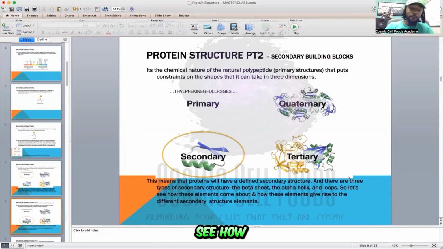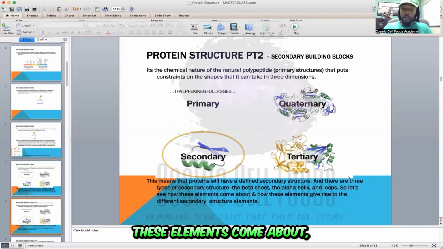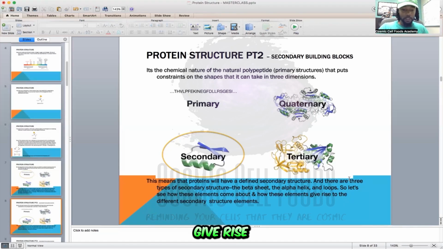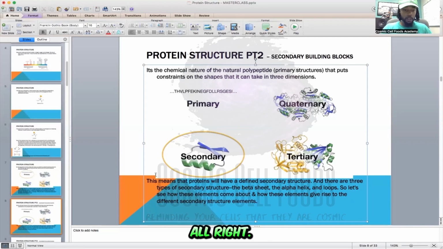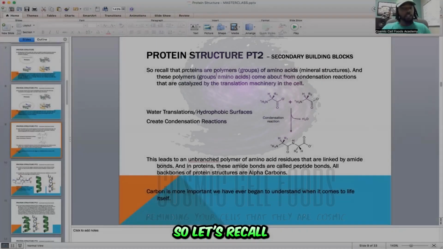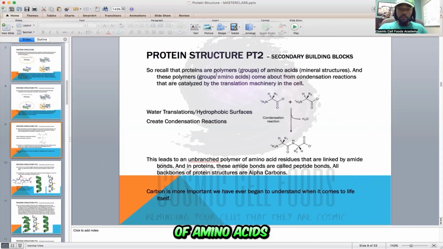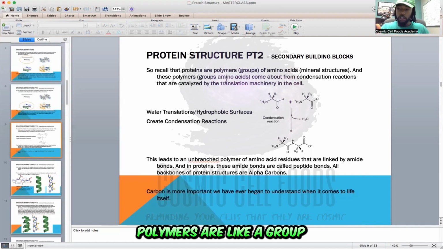So let's see how these elements come about, as well as how they give rise to the different types of secondary structure elements. Let's get into it, family. Let's recall that proteins are polymers, which are basically groups of amino acids or mineral structures. We just went over this. Polymers are like a group of mineral structures: carbon, oxygen, hydrogen, and nitrogen.